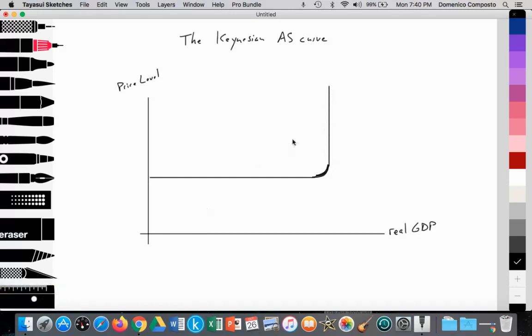Okay, so that's basically the shape: a horizontal portion, then a portion where it begins to curve upward, and then a very vertical portion. And we're going to label that Keynesian AS. So let's look at these three sections.